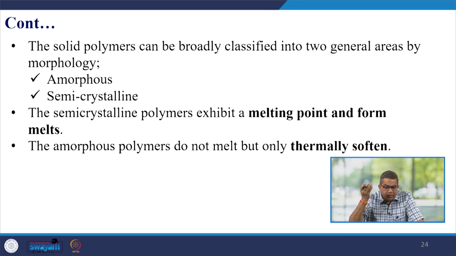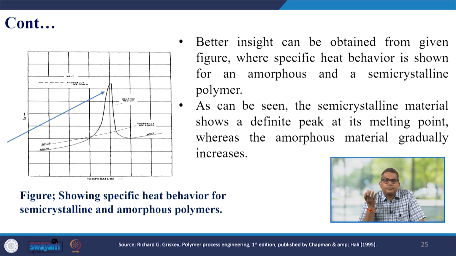The solid polymers can be broadly classified into two general areas, which were discussed in some of the lectures: amorphous and semi-crystalline. The semi-crystalline polymers exhibit a melting point and form melts. The amorphous polymers do not melt but only thermally soften.